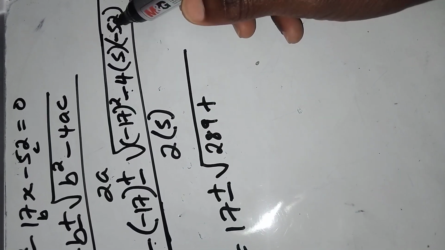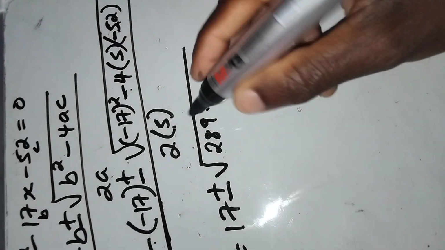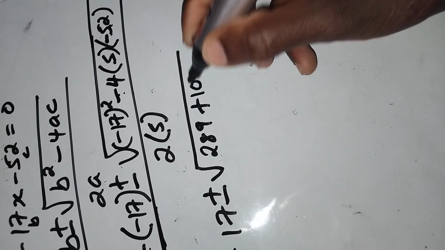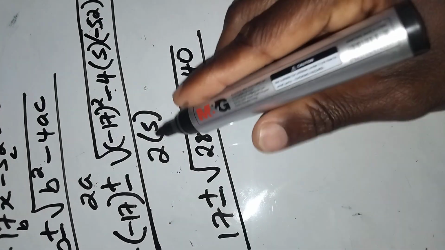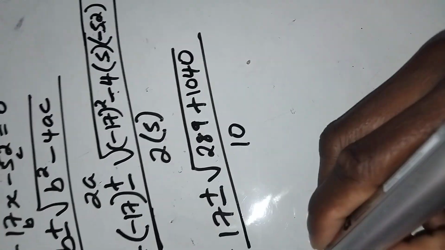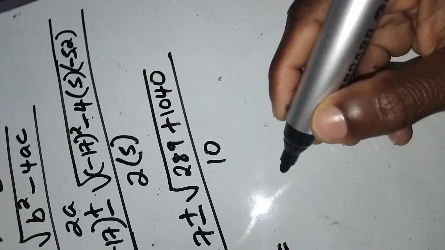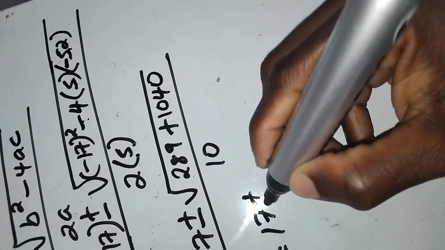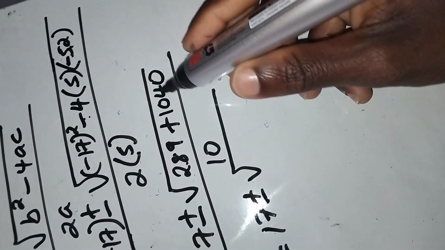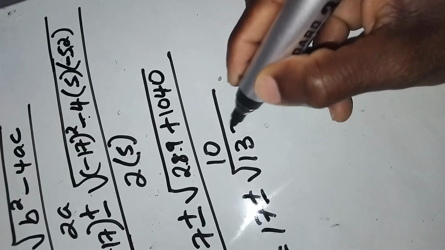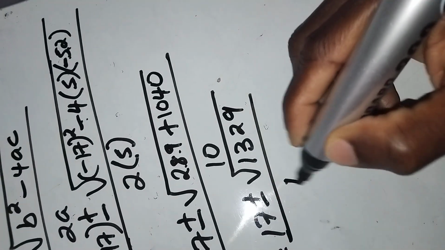4 times 5 times 52 gives 1040, and we add it, over 2 times 5 which is 10. So x is equal to 17 plus or minus the square root of 1329, over 10.